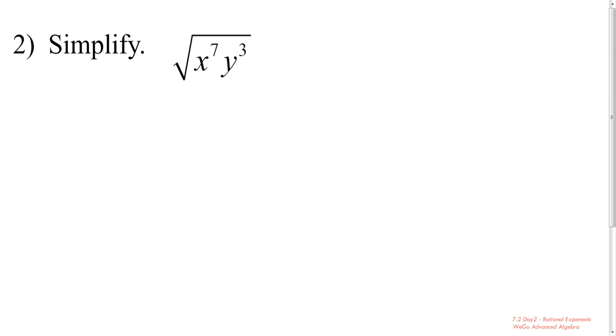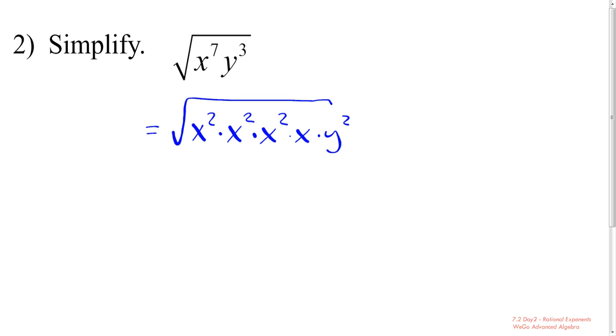Another one. So this you can break down. And again, how many? I have a total of 7 x's here. So I've got x squared times x squared times x squared times x. 1, 2, 3, 4, 5, 6, 7. And then I've got times y squared times y.